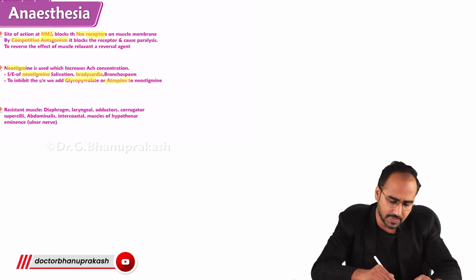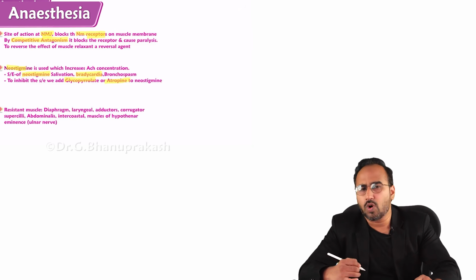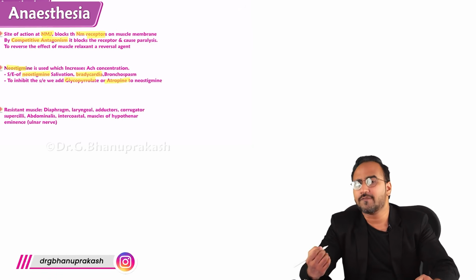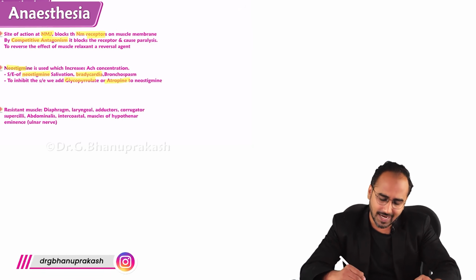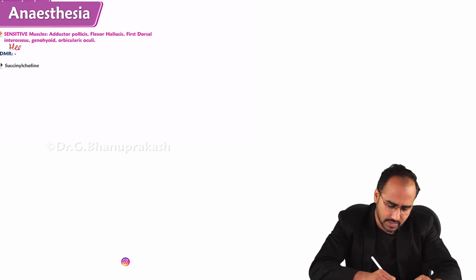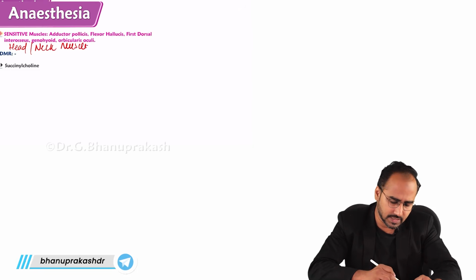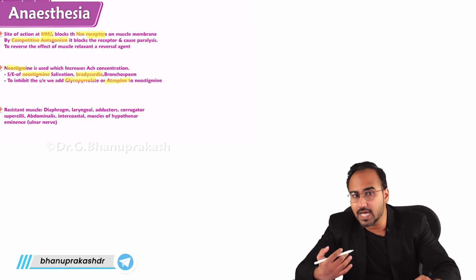Now guys, remember, whenever you give a muscle relaxant to a patient, what are the first muscles in the body of the patient to be relaxed? The first muscles to be relaxed are the head and neck muscles. The sensitive muscles to muscle relaxants are the head and neck muscles, whereas the more resistant ones are last to be relaxed.